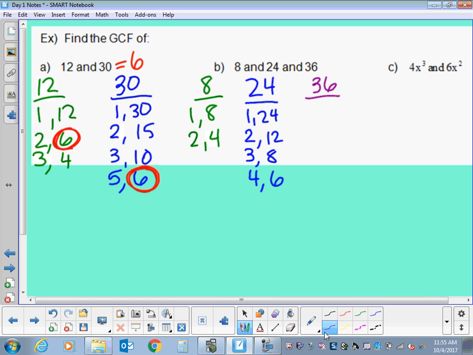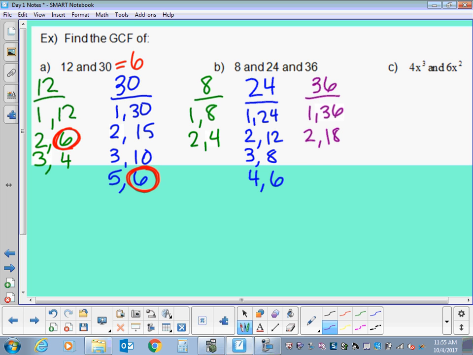All right, Daniel, 36. Let's start with 1. 1 and 36. 2 and what? Do 36 divided by 2. Easy. 18.